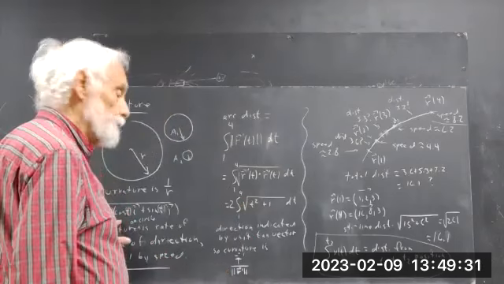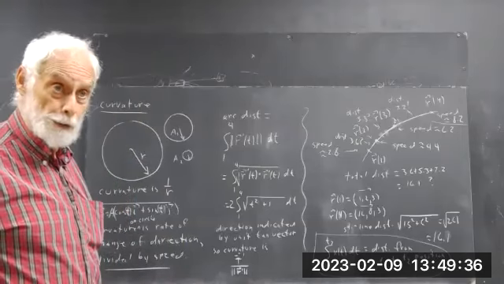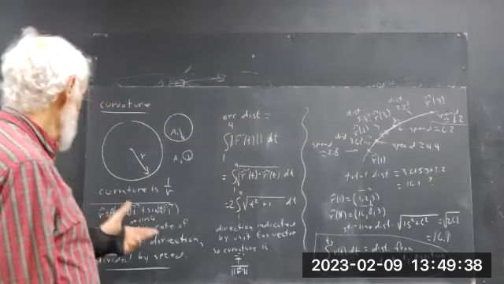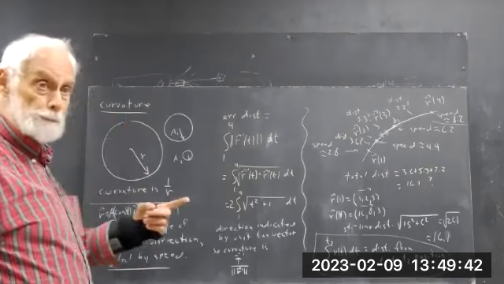The unit tangent vector in this case would be negative sine theta, cosine theta. Its magnitude is constant.